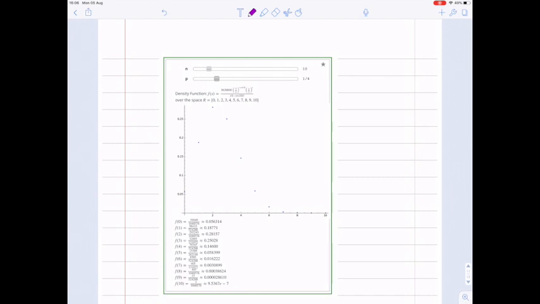Here we have an example of 10 and a probability of 1 over 4 for a success. And as you can see, we're skewed towards the lower end of our sample space.